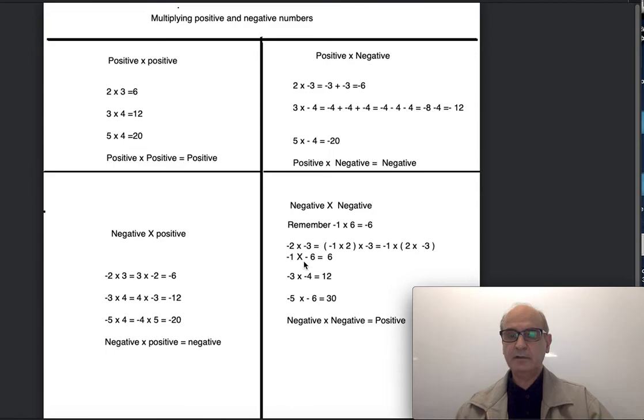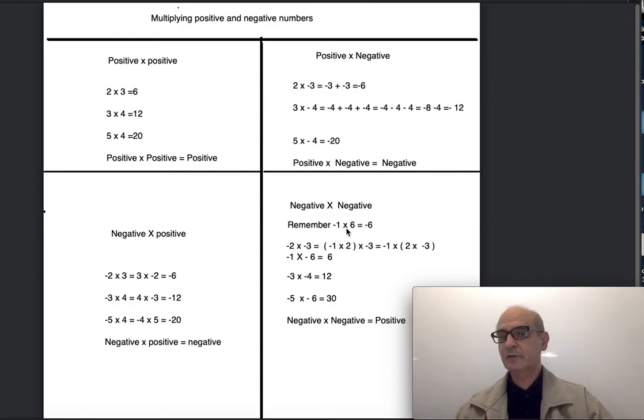Minus 1 times by minus 6. And we said that when you timesing any number by a negative one, it switches its sign. That is important to notice here. So when you timesing minus 1 by any number, it changes its sign.